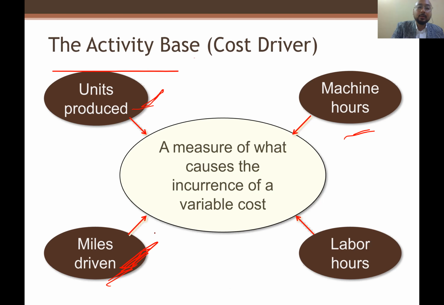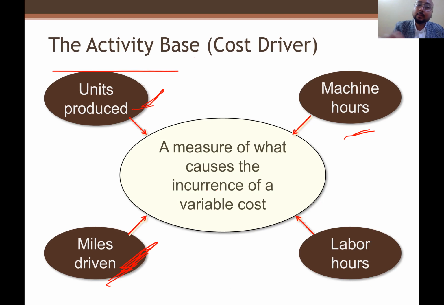Plus, for example, battery life: because you didn't send the message, how can you divide it by the battery life? So it means the variable cost here in sending text messages, to calculate the cost of a text message, is derived based on the number of units of text messages produced or sent, right?